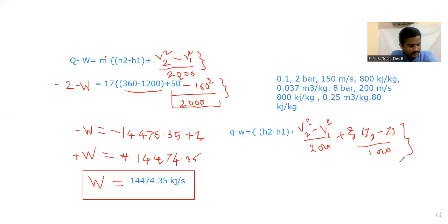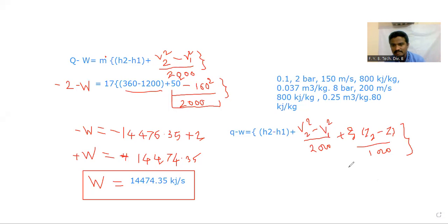Now here enthalpy is not given directly, so you need to determine h1 and h2. How to find the values of h1 and h2? h1 is equal to u1 plus p1 v1, and h2 is equal to u2 plus p2 v2.